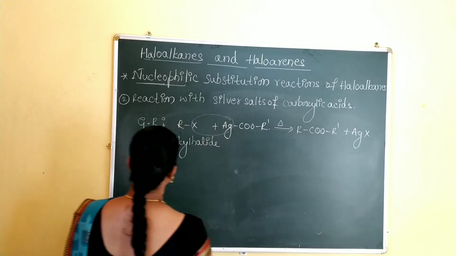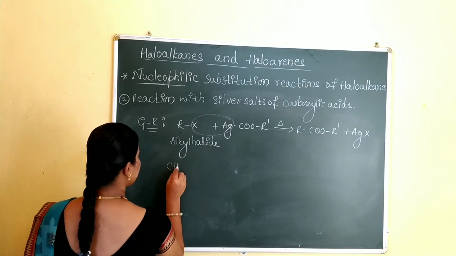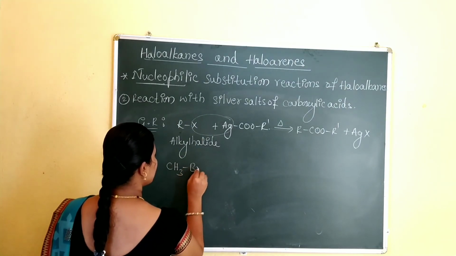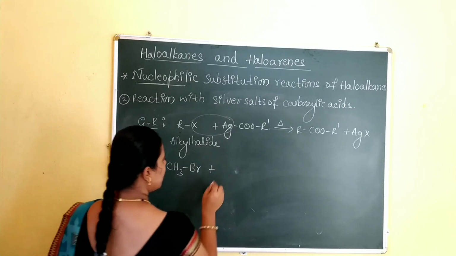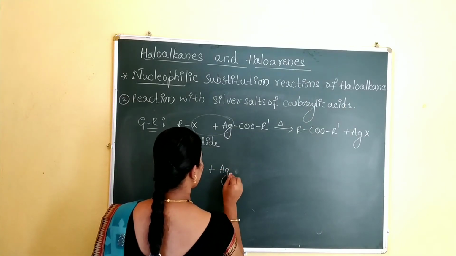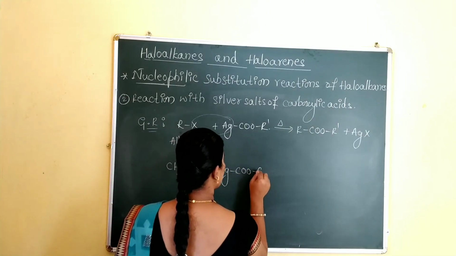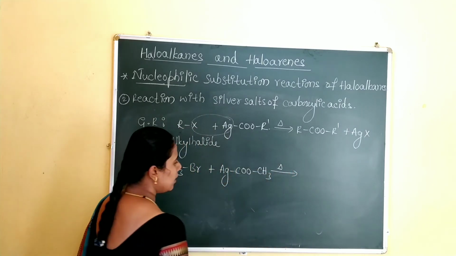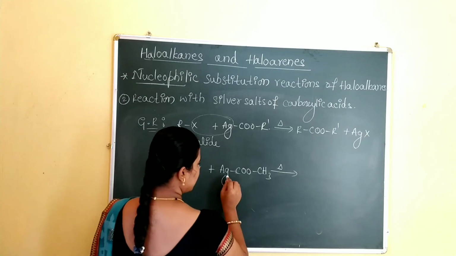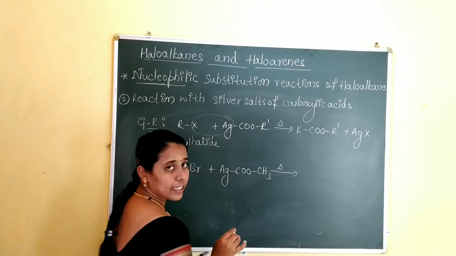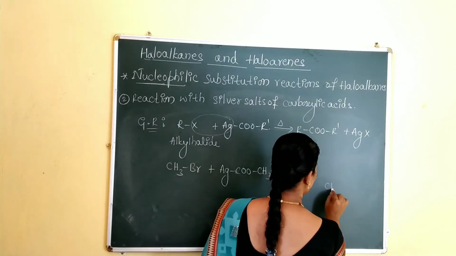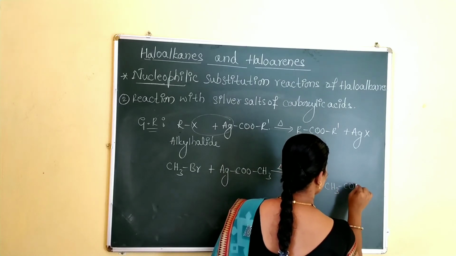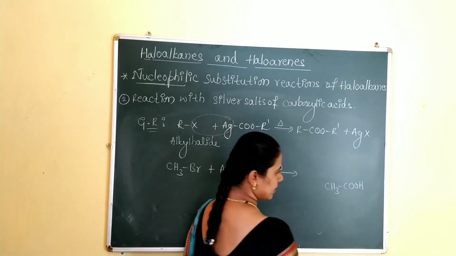Now I will take one particular example, CH3Br, when it reacts with, I will take this R dash group as CH3. This is the silver salt of acetic acid. CH3COOH is acetic acid.